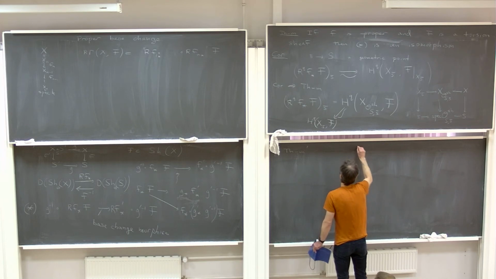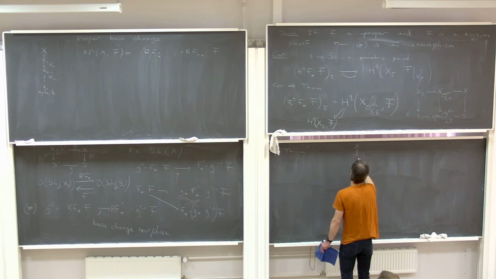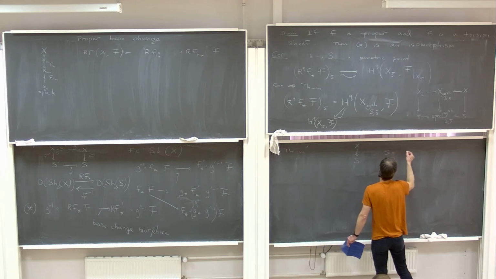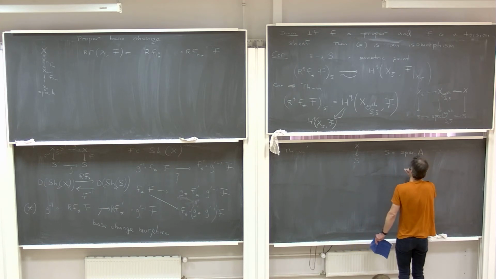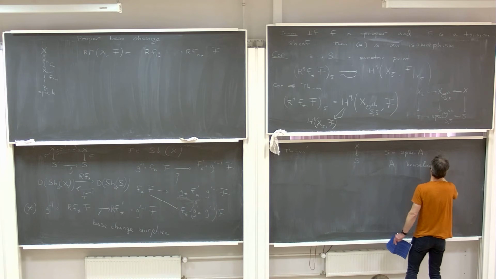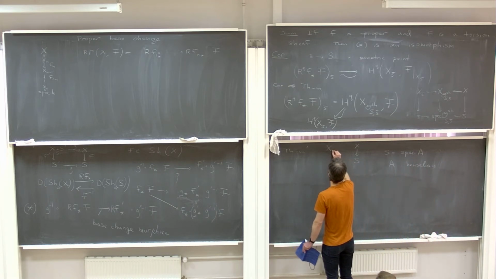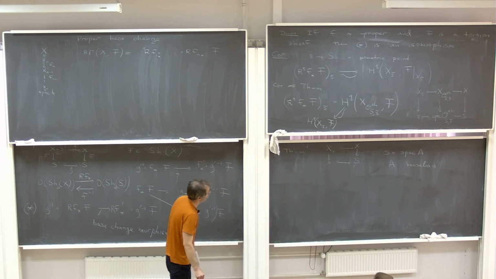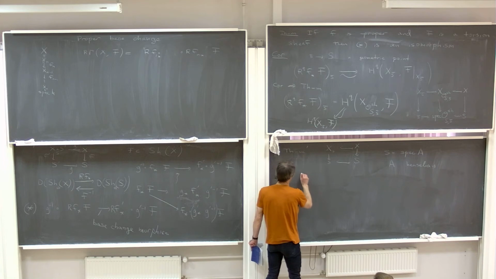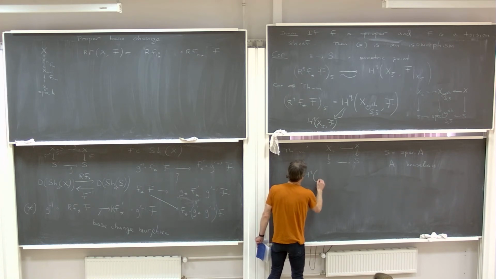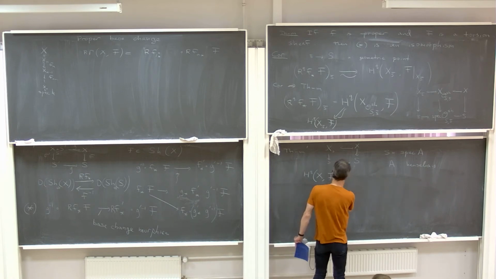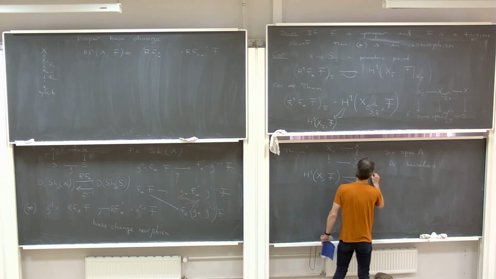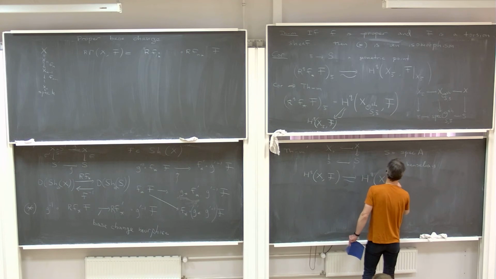So we have a map from X to S, where S is the spectrum of a Henselian ring, and here I have x_0 over S. And then really the statement is that homology of X with coefficients in any torsion sheaf F restricts isomorphically to homology of x_0. Right?